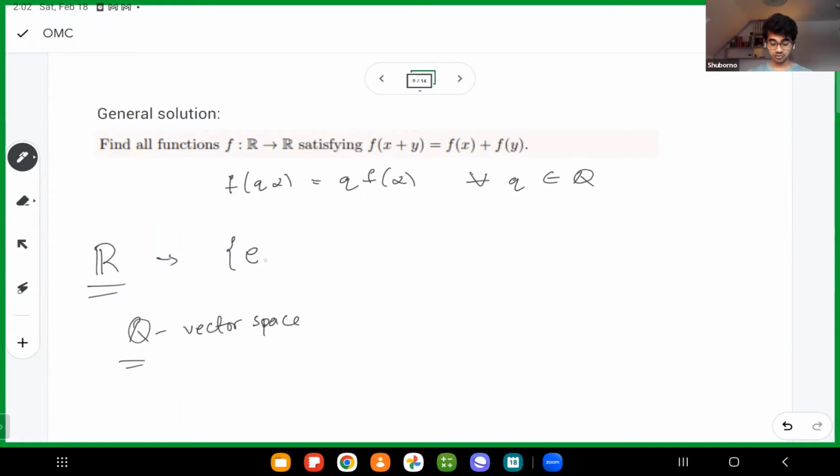I think we can try and prove that this set is uncountable, but I'll leave it up to you guys. That's why I'm not writing it as e1, e2, dot, dot, dot, because it's an uncountable basis.